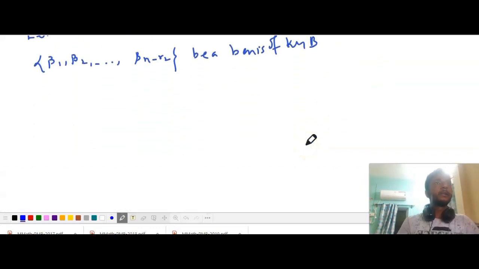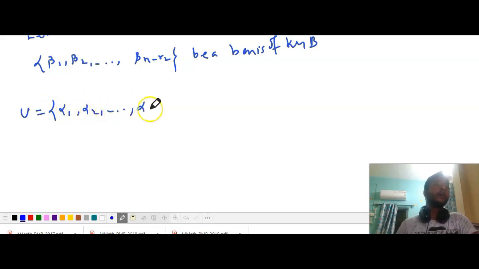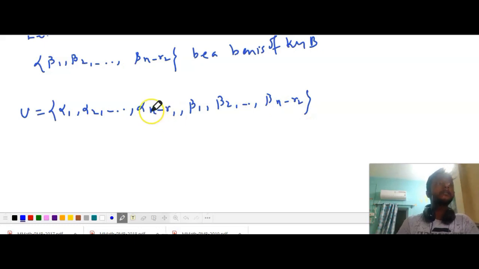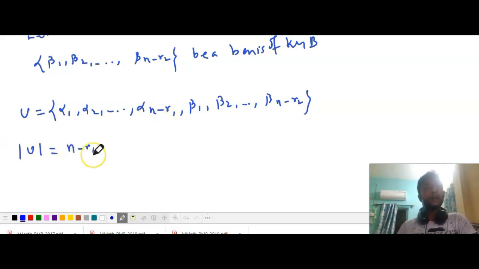Now let U equal to alpha 1, alpha 2, dot dot, alpha n minus R1, comma, beta 1, beta 2, dot dot, beta n minus R2, right? Now what is the cardinality of U? The cardinality of U is equal to n minus R1 plus n minus R2. So it is equal to 2n minus R1 plus R2.